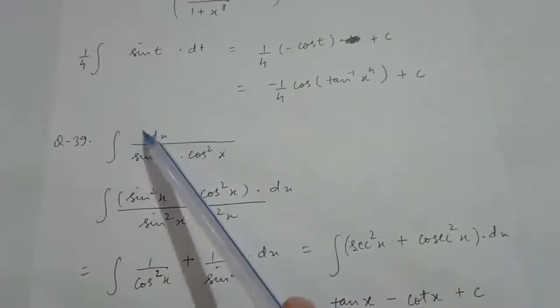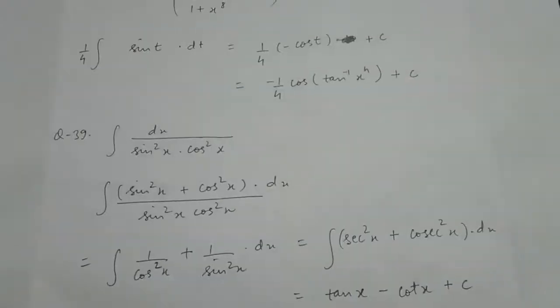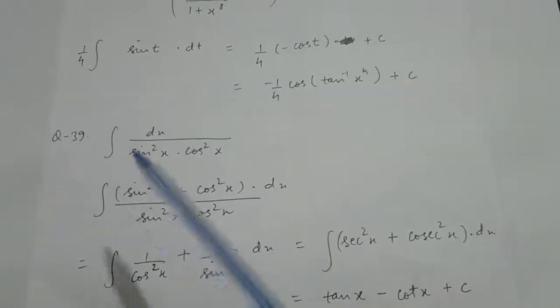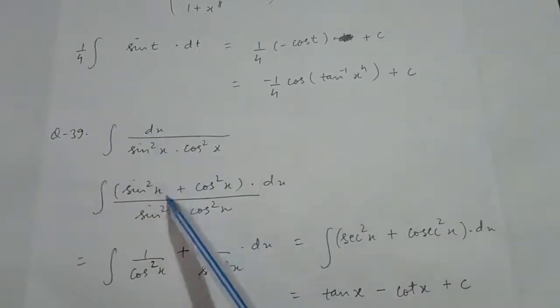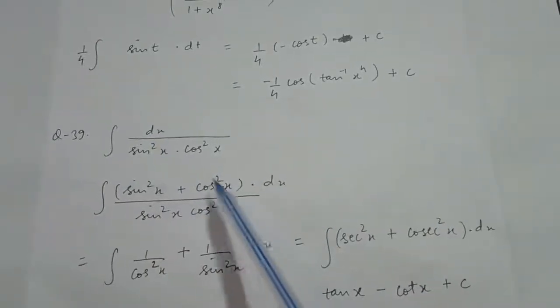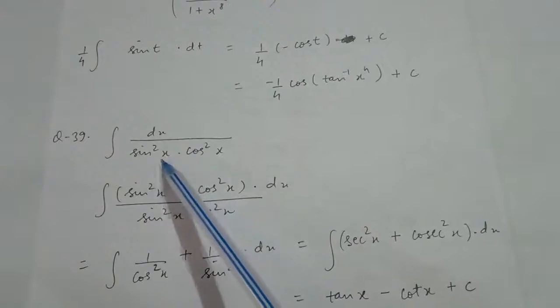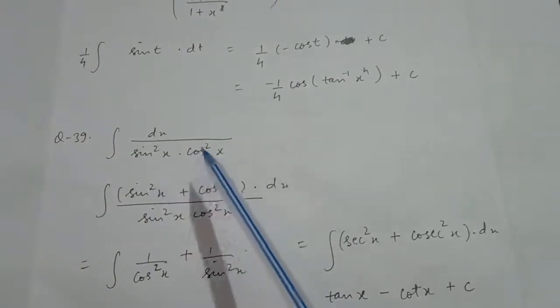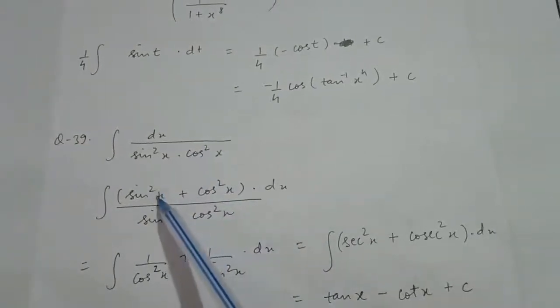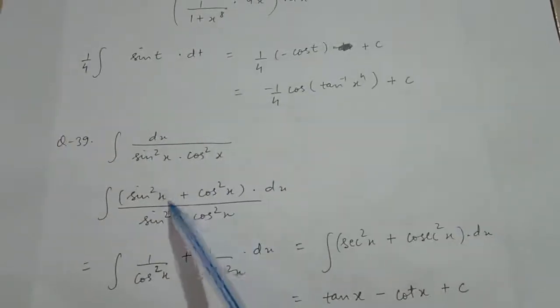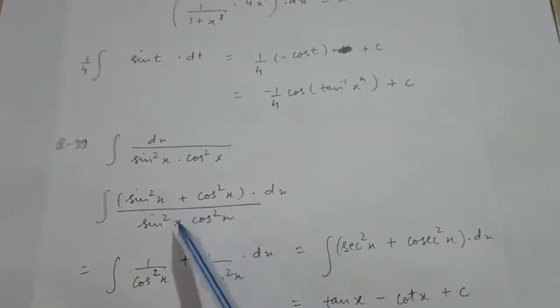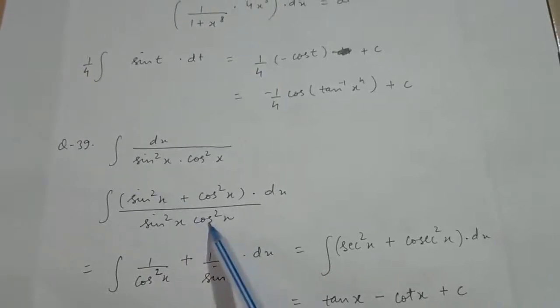Therefore, see, in the numerator 1 is there, and we know sin^2 x plus cos^2 x is 1. So in place of this 1, writing sin^2 x plus cos^2 x. Why? Because in the denominator it is sin^2 x into cos^2 x. Therefore, we are writing this numerator as sin^2 x plus cos^2 x, because this numerator can be easily divisible by this denominator.